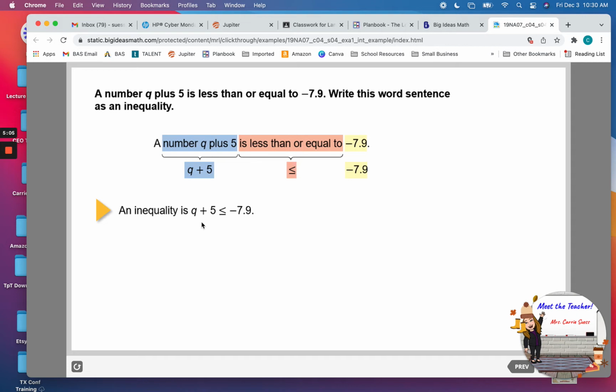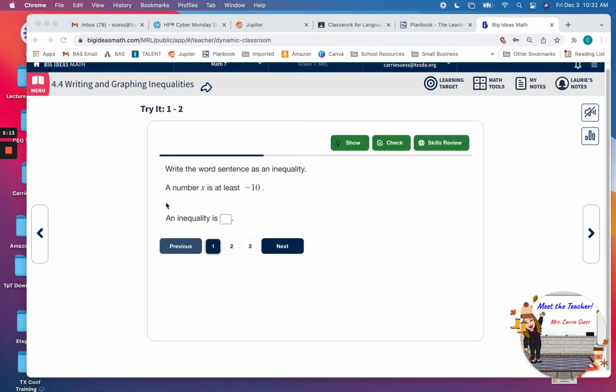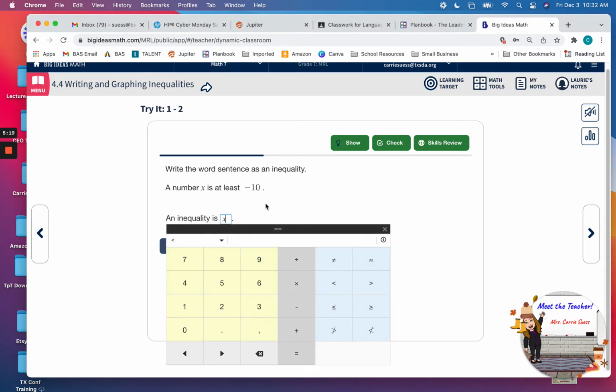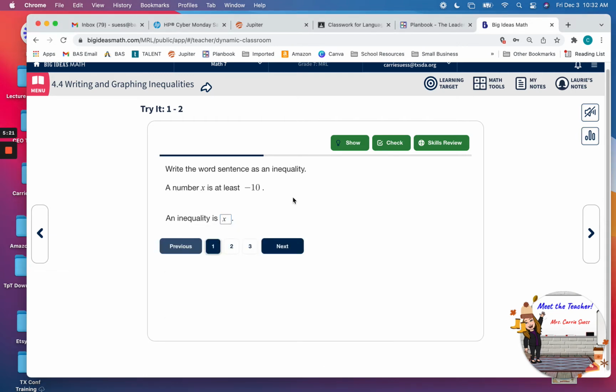Any questions? Not too scary, right? No. All right, go ahead and do your try-its. Okay, this is try-it number 1. Write the word sentence as an inequality. A number x is at least. If you look at that chart you wrote in your journal, what is at least?